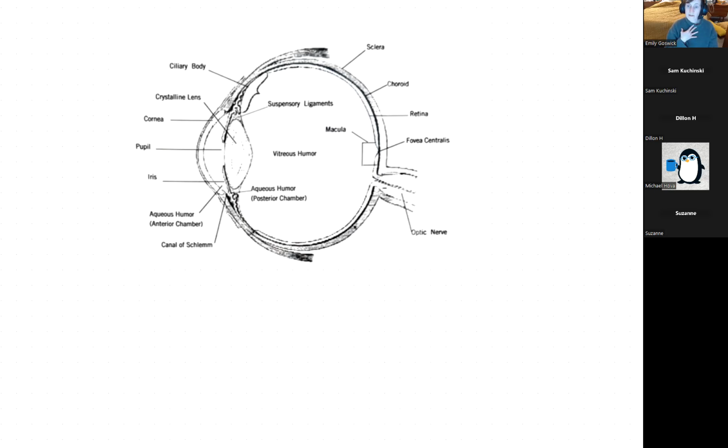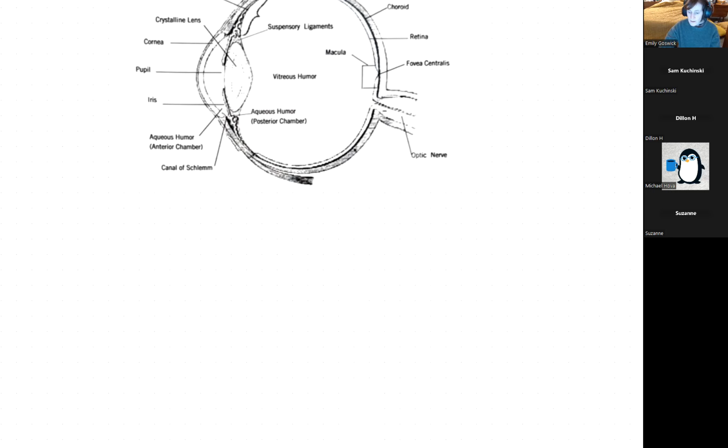Remember, anterior means front, posterior means back. So the posterior chamber, I find that difficult to see. It's like a little tiny spot there. But basically the anterior chamber, much bigger up here. Posterior is back here, and the aqueous humor is in both of those. Okay.